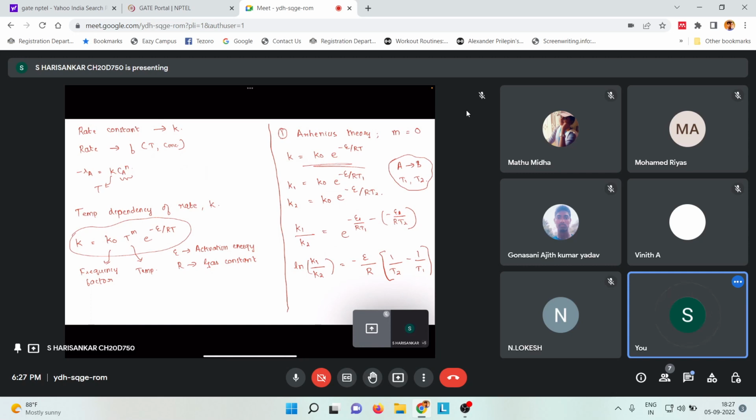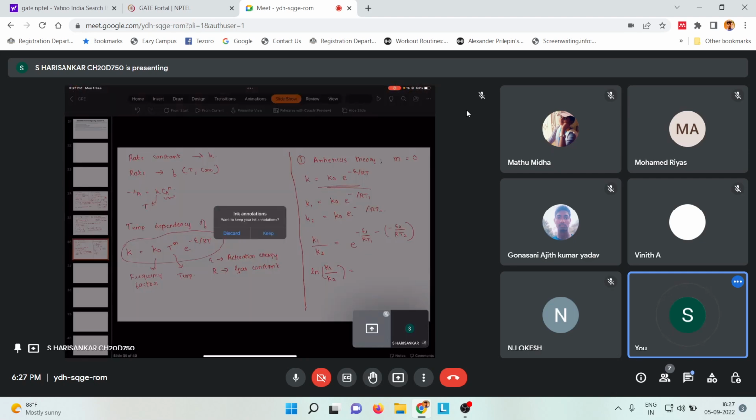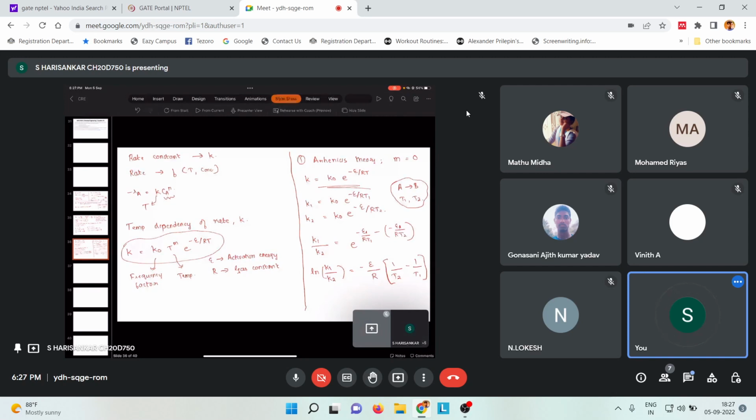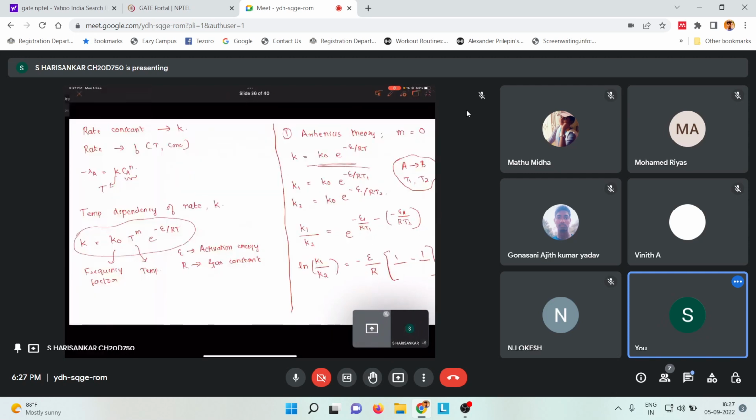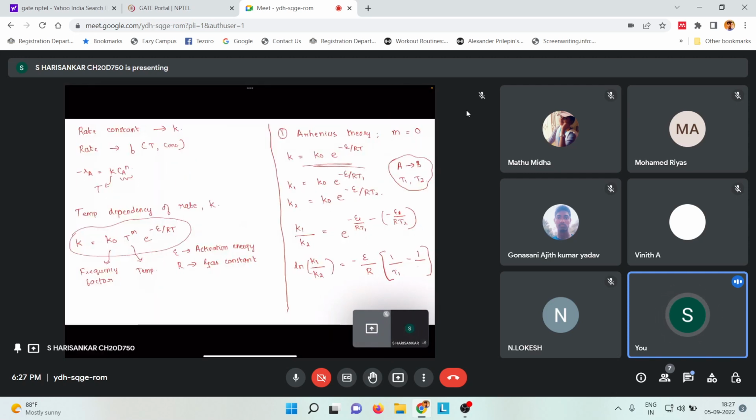This is ln k1 by k2, right? Sorry, just some mathematical errors. So this is just 1 by T1 minus 1 by T2. This is the logarithmic form of the Arrhenius equation for the rate constant.